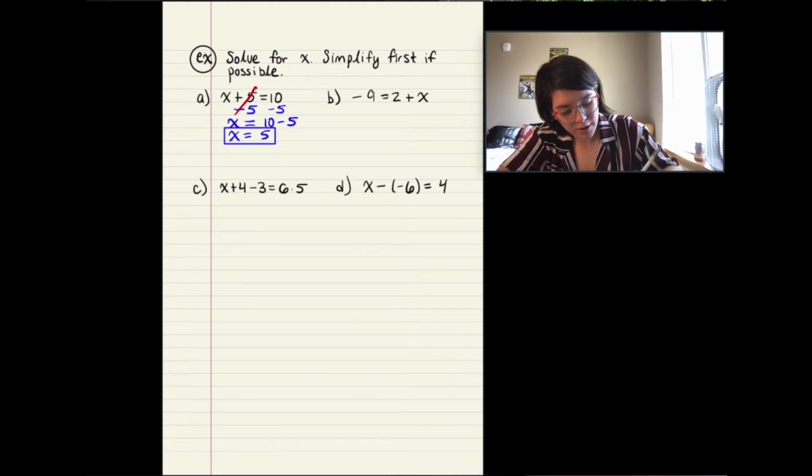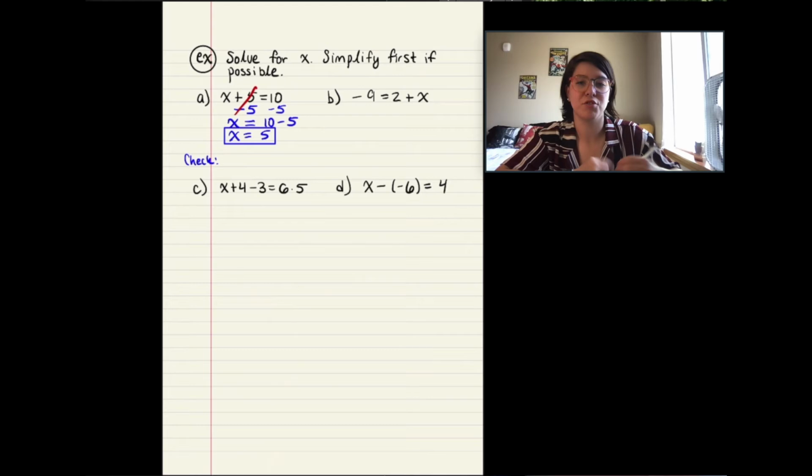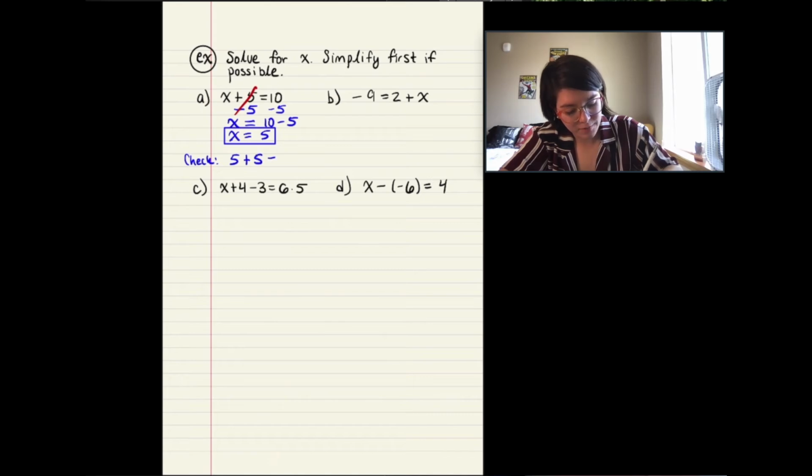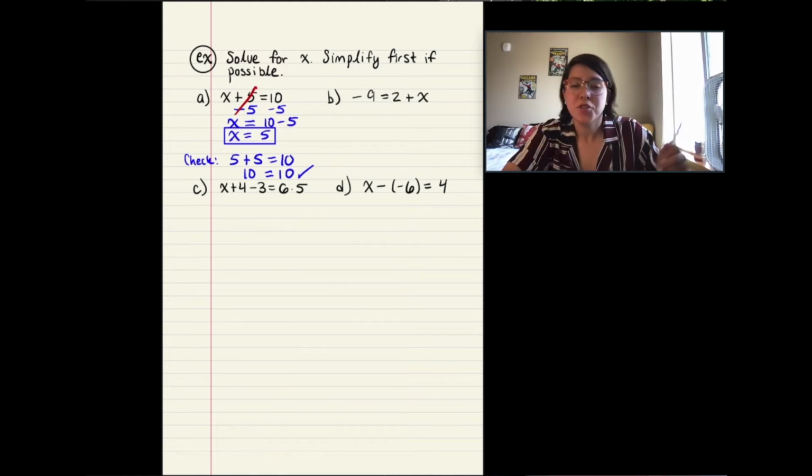And we can always check by plugging 5 back into our original equation just to make sure that it really worked. So if we plug 5 back in for x, we have 5 plus 5 is equal to 10. And 5 plus 5 is 10. So indeed, we have 10 is equal to 10. It worked out. All right, go ahead and try to do this next example on your own, and then unpause, and we'll do it together.